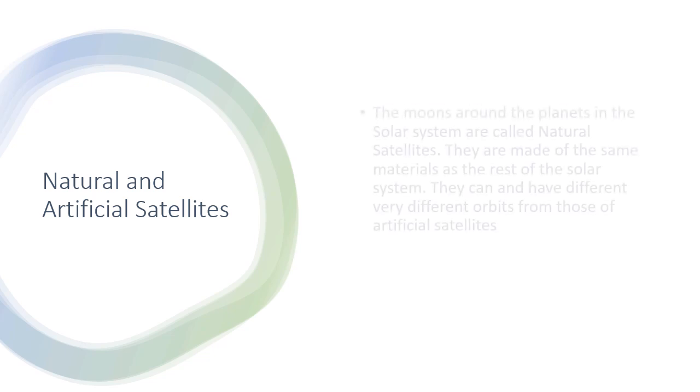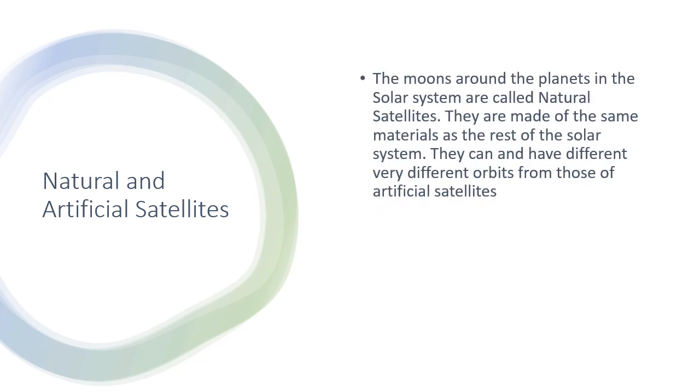So there are 2 types of satellites. One, the natural satellite, and the other, the artificial satellite. Just as I said now, moons are the best example for natural satellites. They are revolving around the planets in the solar system. Now they are made of the same material as the rest of the planet.